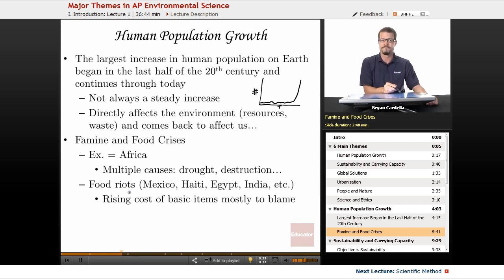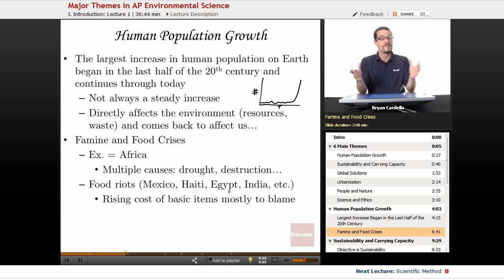Food riots in 2007, 2008 in Mexico, Haiti, Egypt, India, and other countries. There was violence based on food shortage. And it's not something that's simple. It does have a lot of contributing factors. One of them is the rising cost of basic items. For instance, in some of these countries, crops that people were relying on for food, the government actually decided to use a fairly large proportion of those crops to make fuel and sell that fuel.